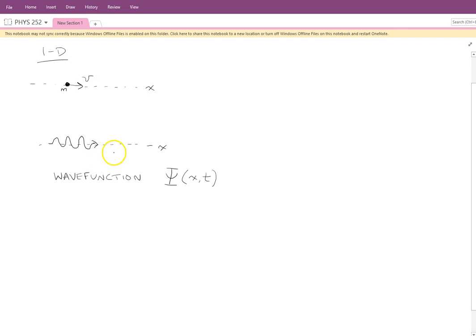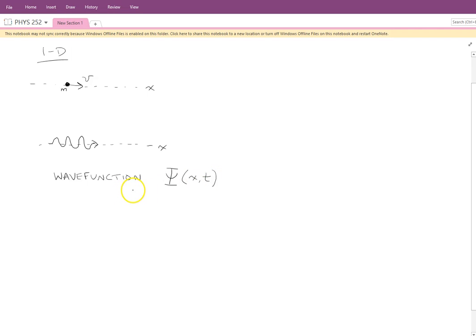The idea being, just like a traditional classical wave, like a wave on a string, or an electromagnetic wave, the value of psi at some x at some time is going to be the value of this function. So for instance, this picture up here might be a snapshot of psi versus x at some time t. Okay, so it's going to be a function of two variables, position and time.